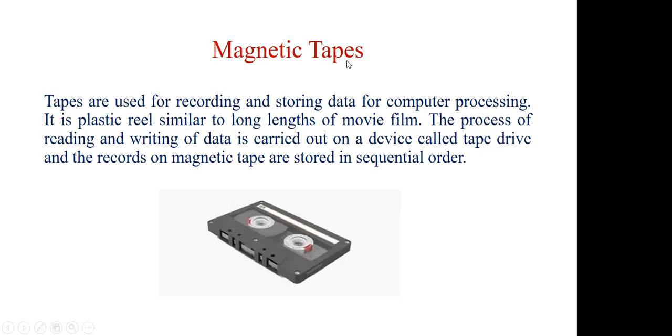So that's about secondary storage devices. It's not about whether primary memory is more important or secondary memory is more important. It's about the nature. What is the fundamental difference between primary storage devices and secondary storage devices?